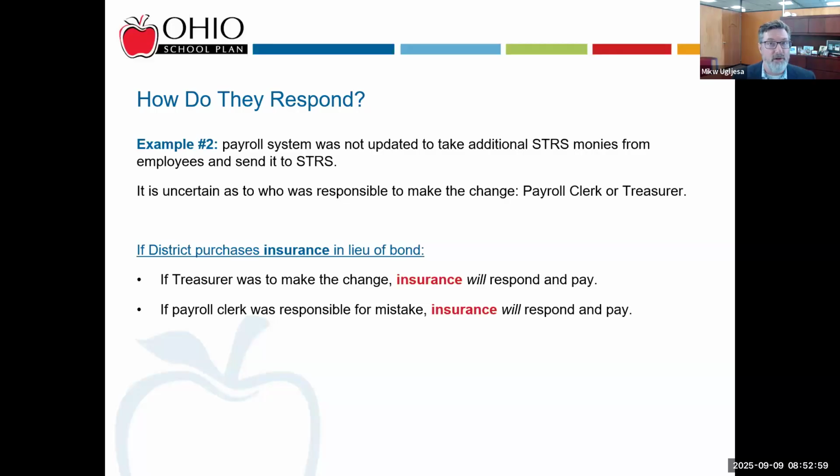And insurance, as Bill mentioned, as long as there's no theft, as long as there's no intentional crime, insurance isn't going to go back after the individuals for the money. Insurance just responds according to the coverage form. So same set of facts, different mechanisms to finance it. And if the bond's in place, the bond will just pay. The insurance will cover it accordingly. But they have different impacts on the individual people involved.